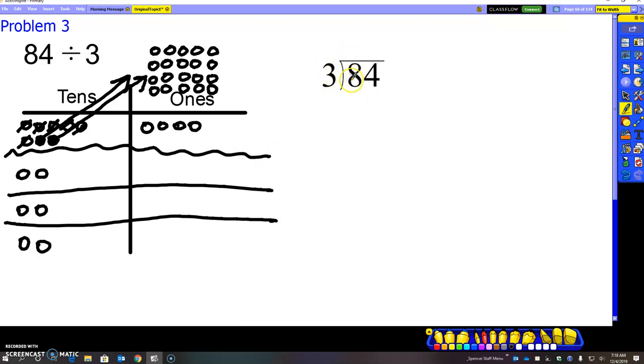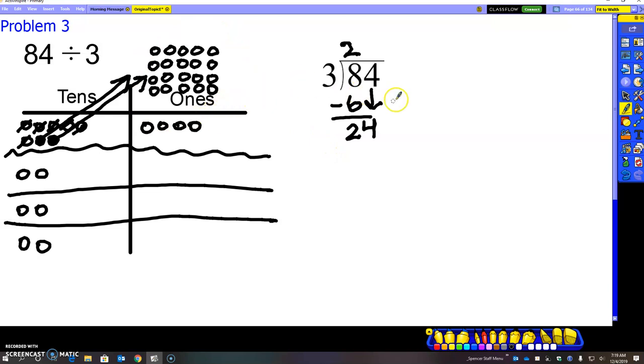So my 3 went into my 10 only twice. As close as I can get is 6. If I go to 9, I've gone too high. I hope that's starting to make sense. So 3 goes in twice, gets you 6, and we were left with 2 tens left over. When I rename, I bring down my 4, I have 24 ones.